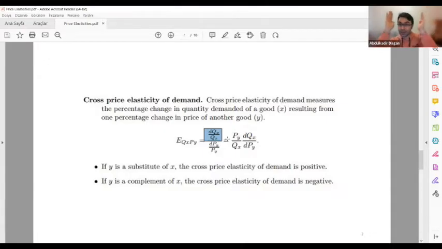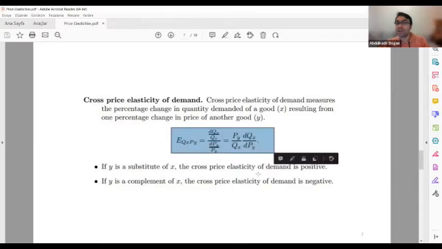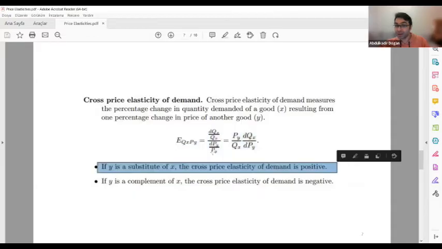So if the cross price elasticity is positive, this means that these products are substitutes. Both are positive, so cross price elasticity is positive because they are substitutes.